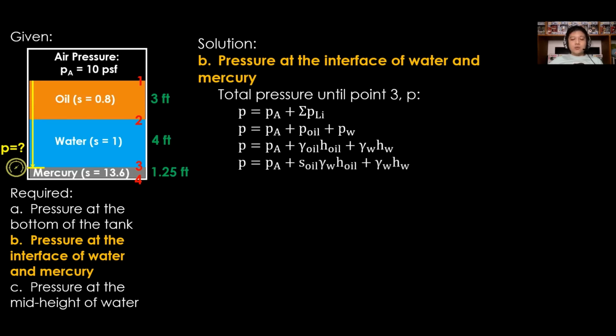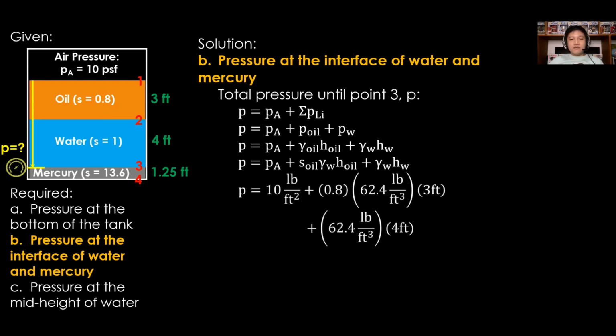And for unit weight of the liquids, consider the formula of specific gravity. Therefore, gamma again is equal to the specific gravity of the liquid times the gamma of the reference fluid, that is water. Substitute the values.